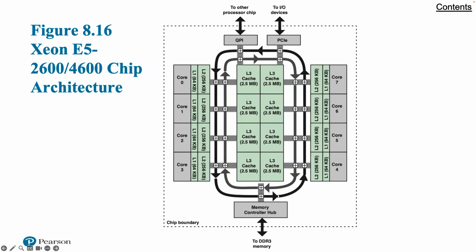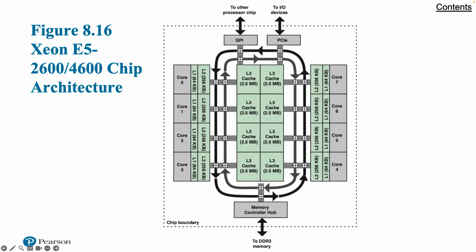Further, each slice has its own cache pipeline, so that requests can be sent in parallel to the slices. The bidirectional high-speed ring interconnect links cores, last level cache, PCIe, and integrated memory controllers, the IMCs.